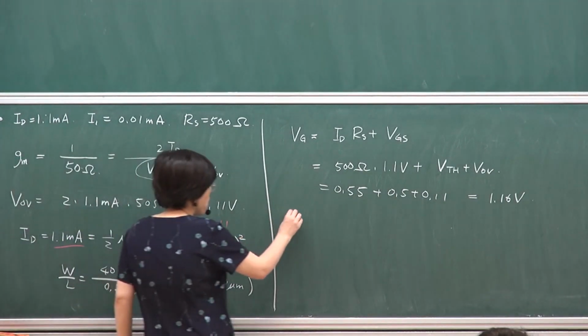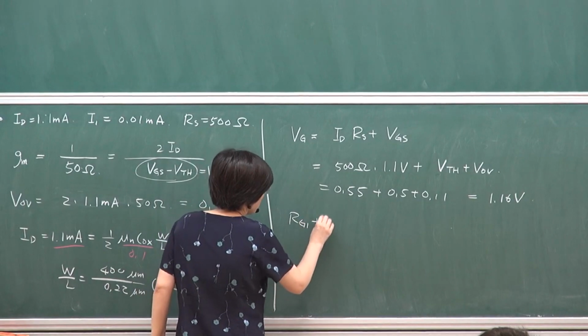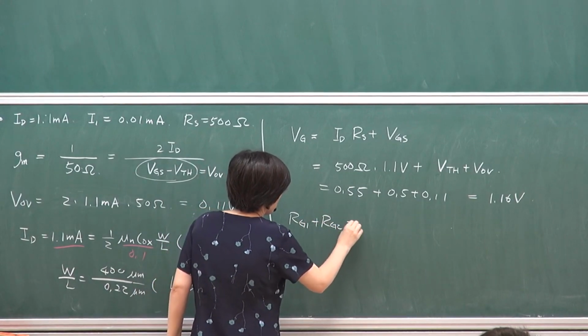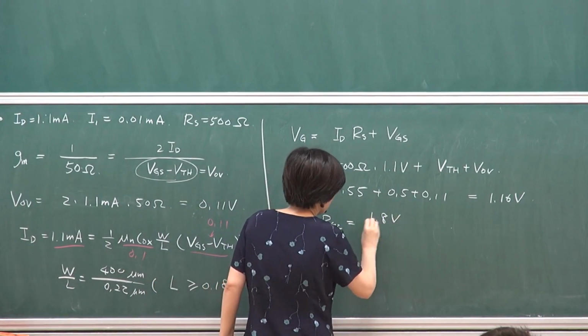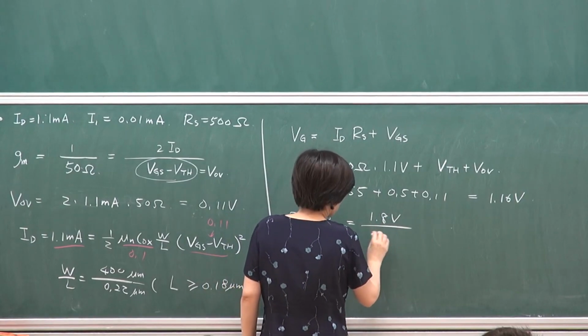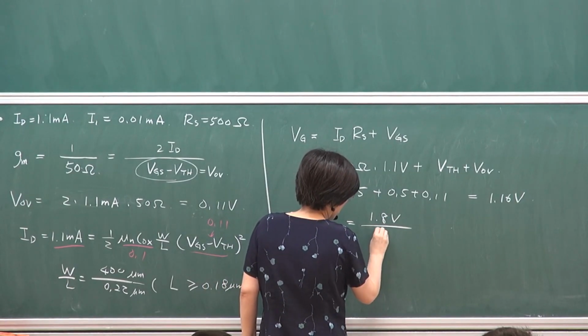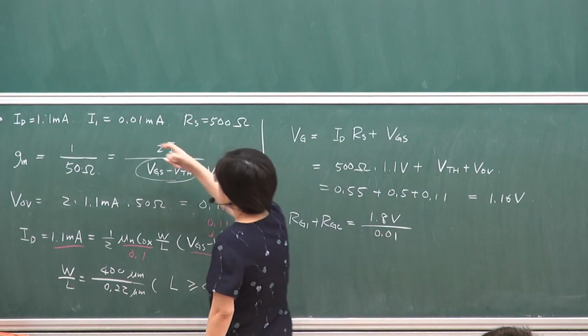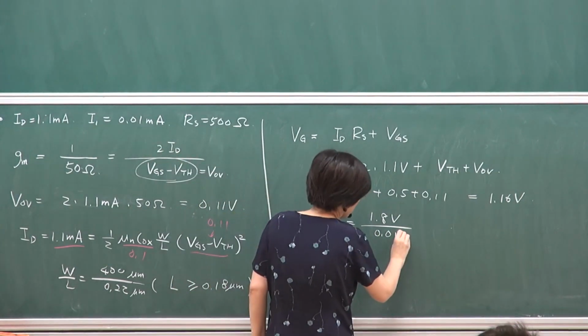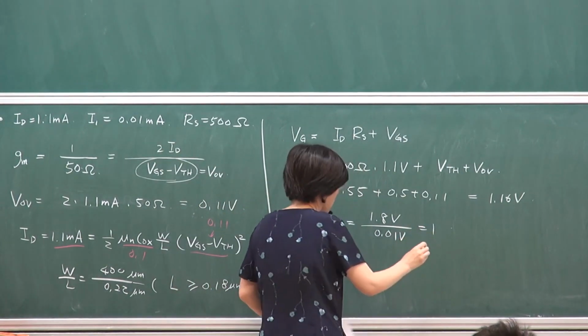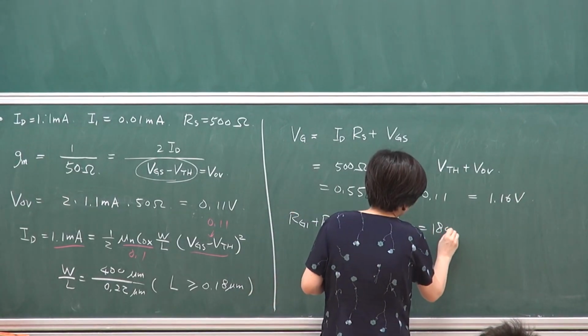I already know that RG1 plus RG2 equals 1.8 volt divided by its current, which we already set at the beginning, I1. So this will then be 180 k ohm.